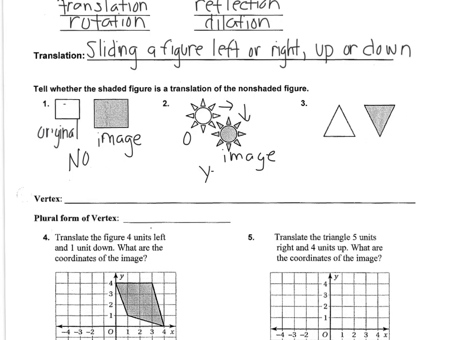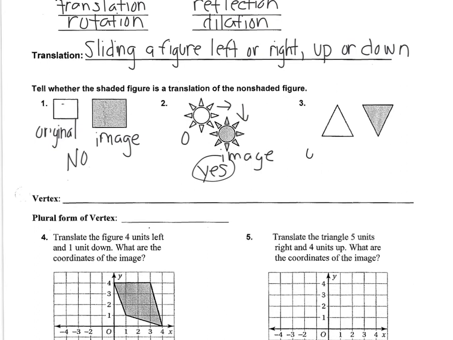So yes, that is a translation. In the triangles at the right, the original triangle is not a translation of the image. The triangle is being shifted to the right, but it is not simply moving up or down. It's flipped, and we'll talk about that in a later transformation.